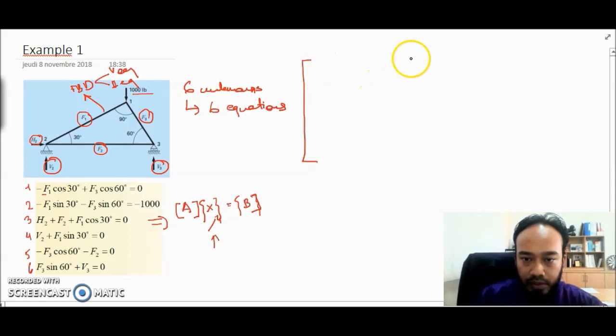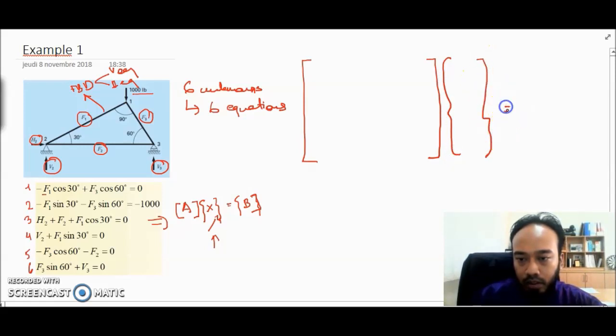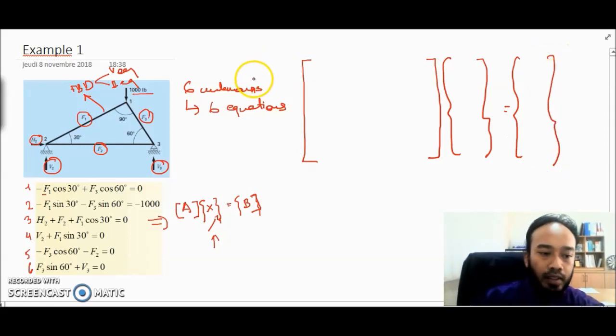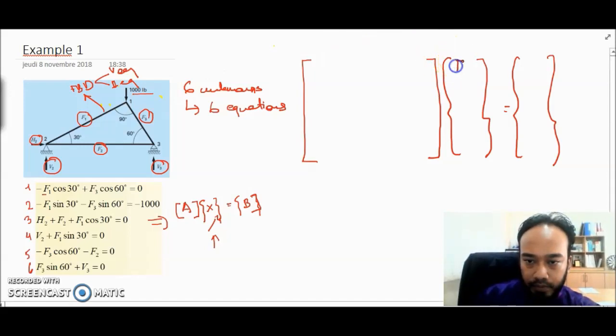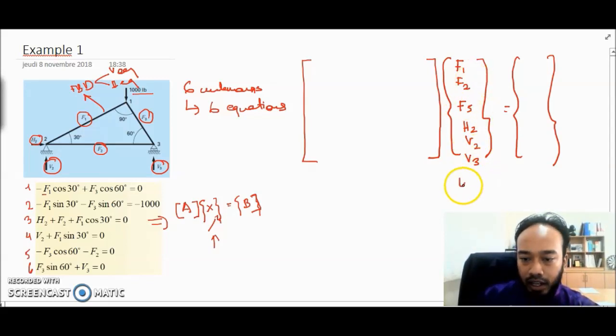So 1, 2, 3, 4, 5, 6 equals the constants. So there's going to be F1, F2, F3, H2, V2, and V3. So here is the unknown column.